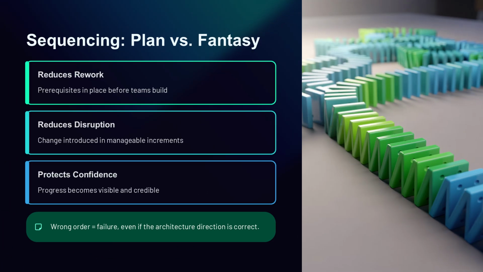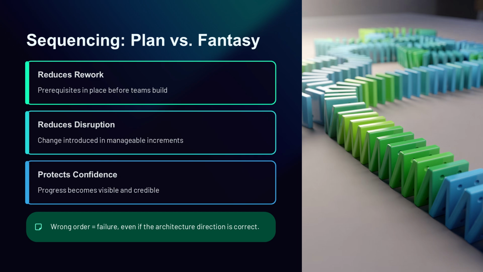Now that priorities are visible, sequencing becomes the discipline that makes the plan executable. Sequencing is not simply ordering work packages. It is arranging change so prerequisites are in place, risks are controlled, and value is delivered progressively. The right sequence reduces rework because teams are not forced to redesign due to missing foundations.